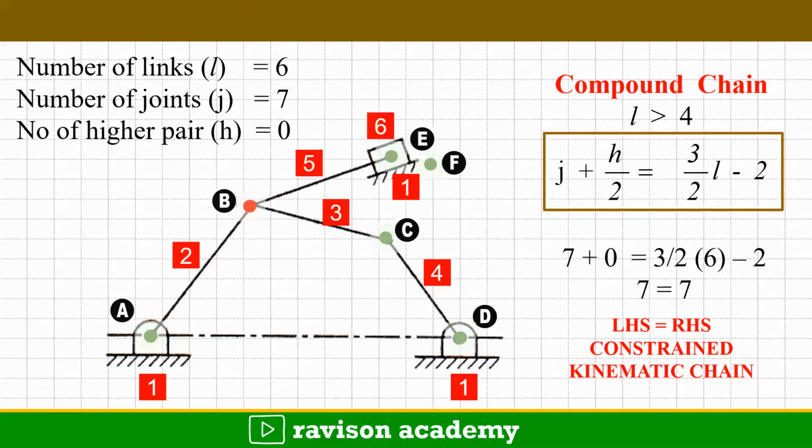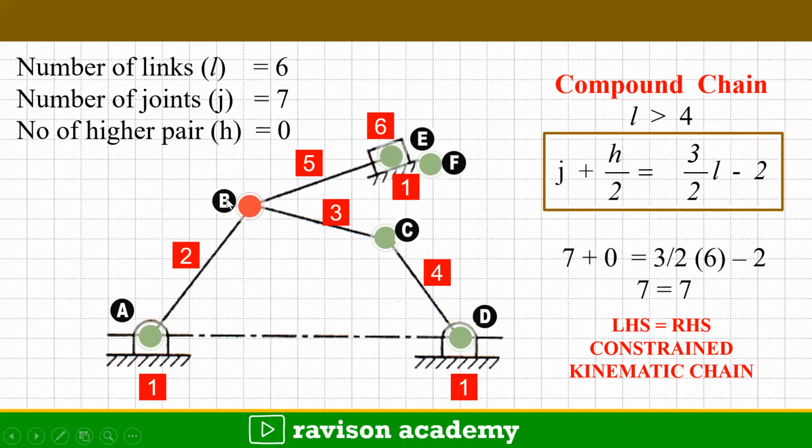So in this problem, the fixed link is taken as 1 and this is A, B, 2, 3, 4, 5, 6. 6 is a slider. So totally 6 links are there. And coming to the joints, A is a binary joint which connects 1 and 2 and B is a ternary joint which connects 2, 5 and 3.